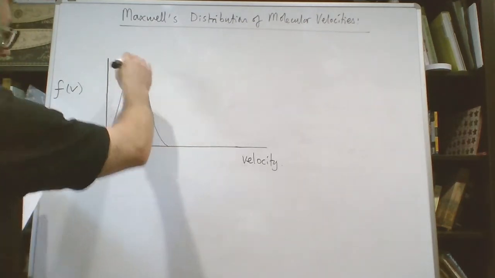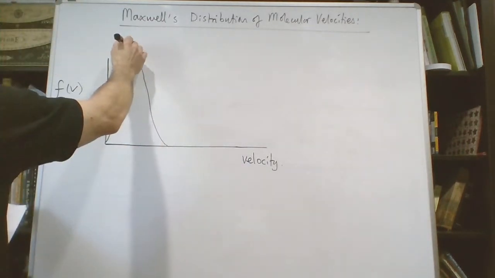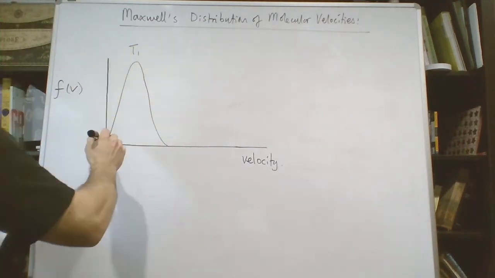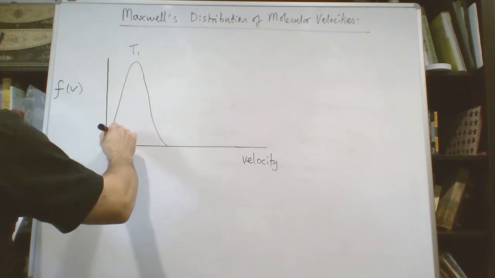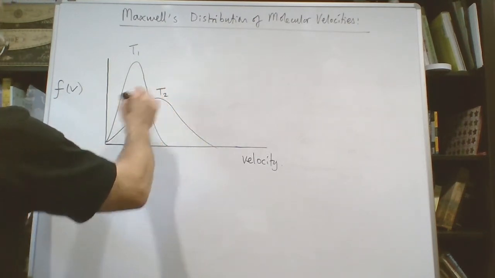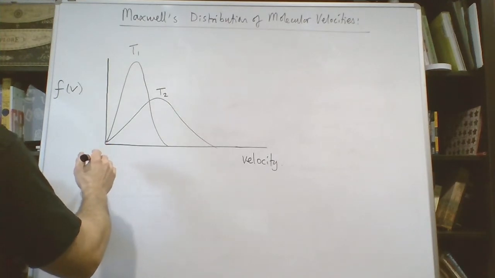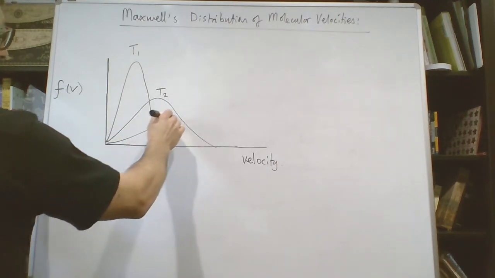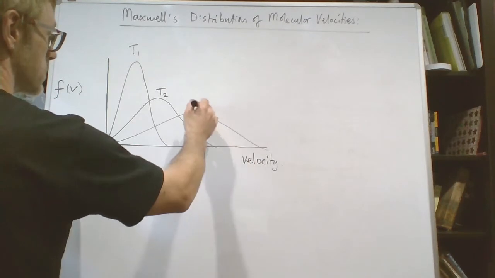Let's have a distribution at some temperature T1. Let's have another distribution at a temperature T2. And just for comparison, let's have a third distribution at a temperature T3.